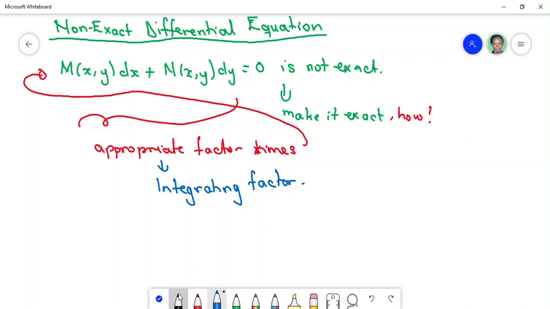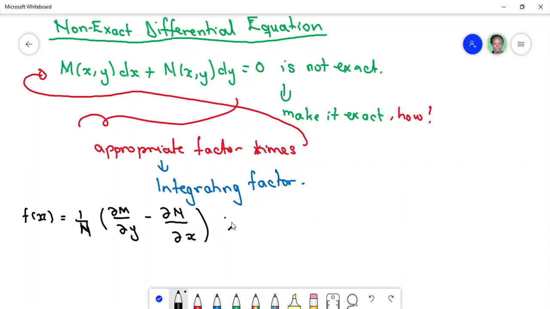So I could write 1 over N, where this is N. Then find the partial derivative of M with respect to y minus the partial derivative of N with respect to x.